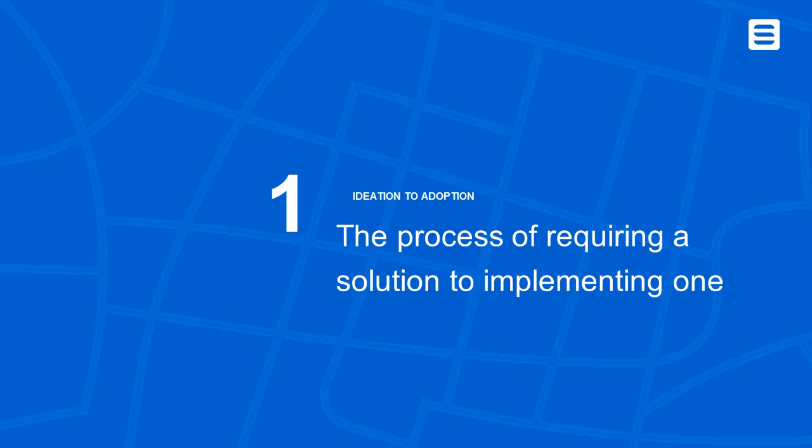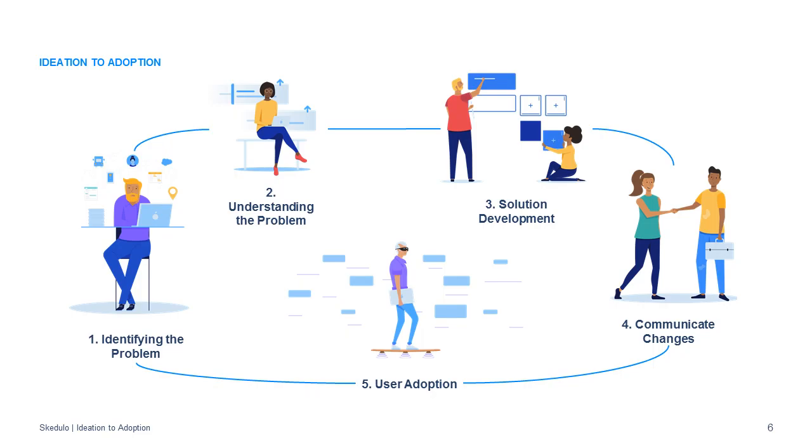So let's start with talking about the process of requiring a solution through to implementing that solution. So the process from requiring a solution to implementing one, or ideation to adoption, is split into 5 categories as shown here. We'll step through these in more detail in just a moment, but as a summary, it starts with ideation.